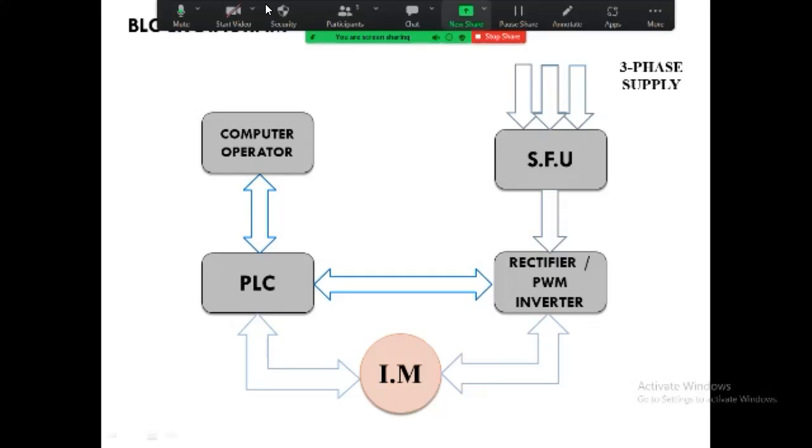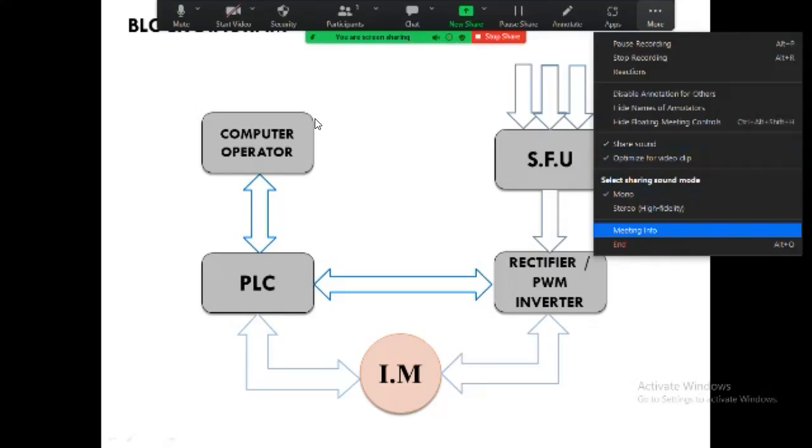In this way, the starter can be worked by using this PLC system. But if we don't use this PLC system, the speed or efficiency of the induction motor can be very less, as low as 60%. Thank you.